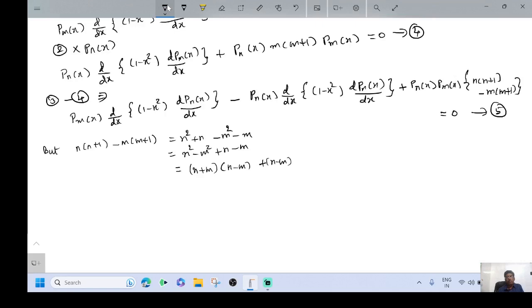N square minus m square is (n plus m) into (n minus m), so this is equal to (n minus m) into (n plus m plus 1). So instead of this term, we have to put this.